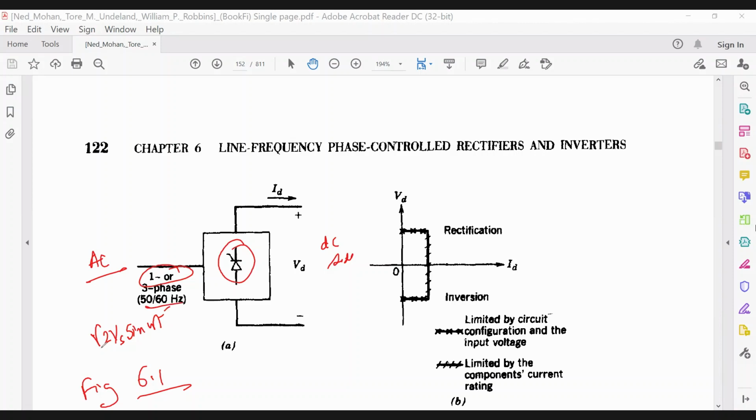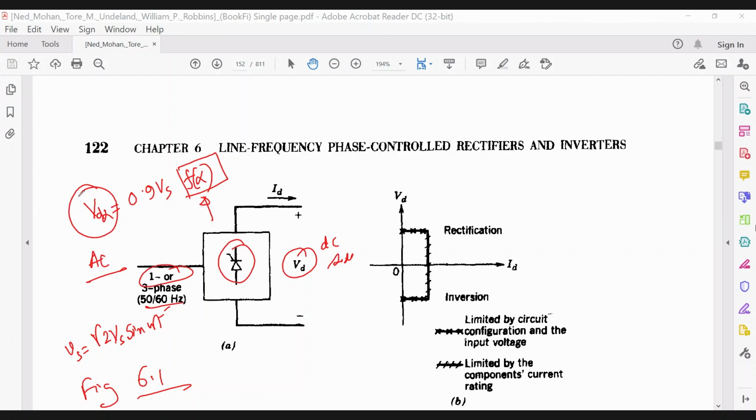It could be three-phase also, but right now we will be using only single phase. And this VD will not only depend on Vs, like for the diode case it was 0.9 Vs, but here it will be a function of alpha. That means there will be a triggering angle where we can trigger, and we can always control this. They call it VD alpha. We can control this output voltage.